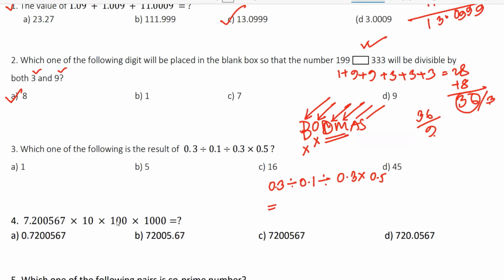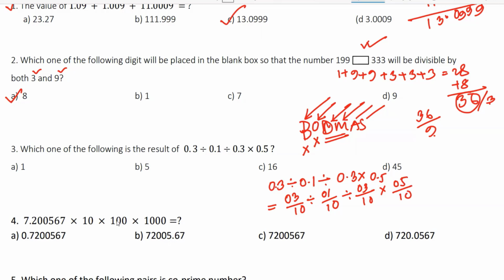There are 2 divides here, so first we convert the decimal numbers into fractions. 0.3 divided by 10, 0.1 divided by 10, since there is 1 decimal place, that's why we are dividing by 10. Then 0.3 by 10, and 0.5 divided by 10. So all 1-decimal-place numbers we can convert into fractions.